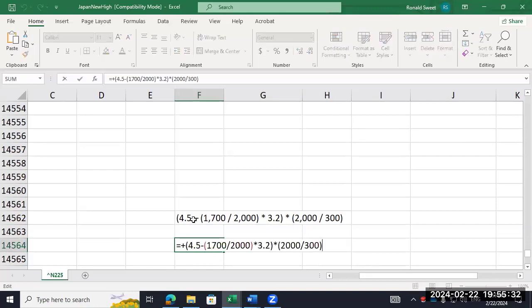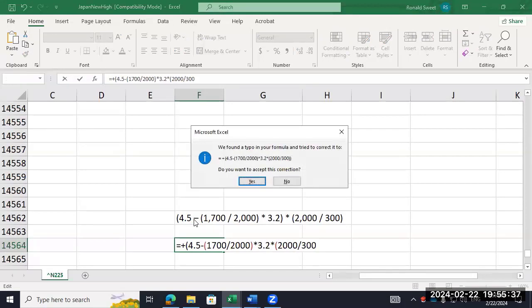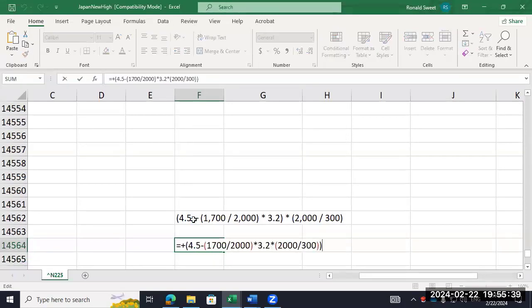I don't know how you would get that, but make sure you've got the parentheses in here. You have to do all of this before you multiply by leverage. So just make sure you got the parentheses in the right place.